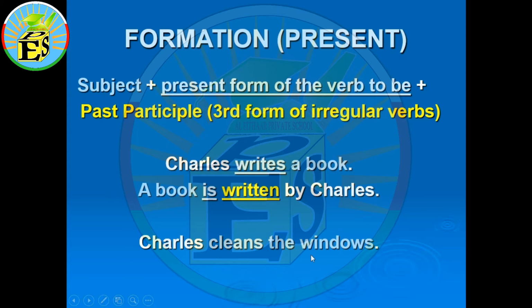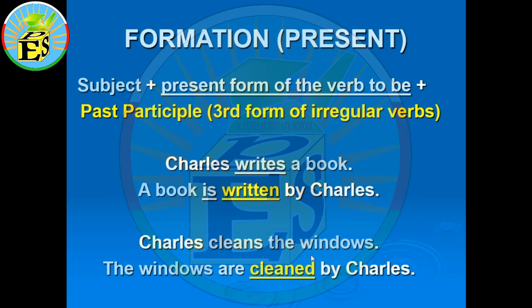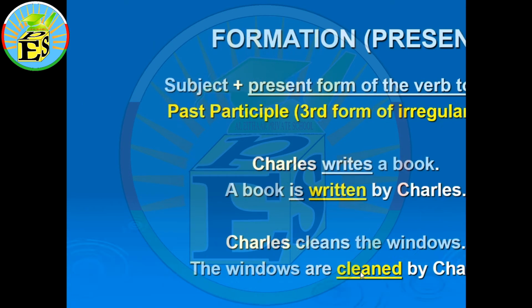I will start with the object to change the sentence from active to passive. The windows are cleaned by Charles. By, I use it when I want to tell who or what did this action. The windows are cleaned by Charles.